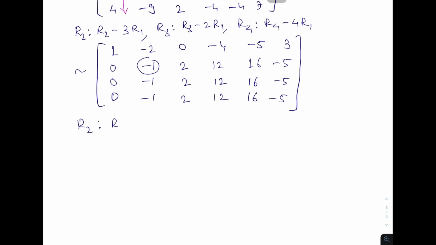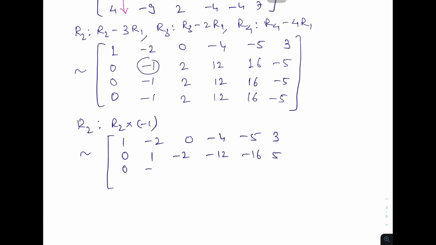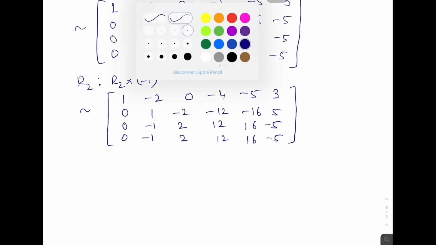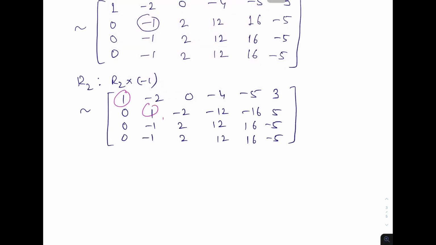So R2 into minus 1, so we have 1, minus 2, 0, minus 4, minus 5, 3; 0, 1, minus 2, minus 12, minus 16, 5; 0, minus 1, 2, 12, 16, minus 5; 0, minus 1, 2, 12, 16, minus 5.